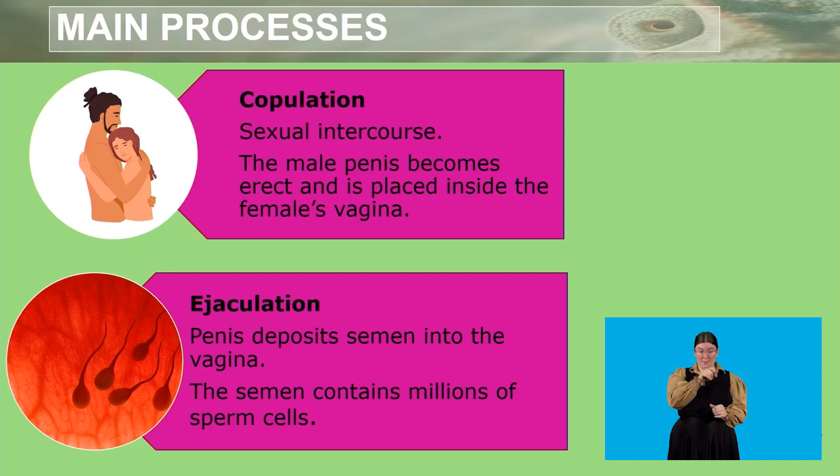So that sperm will then be ejaculated, as shown in the second process, or we can say the second process is known as ejaculation. So the semen containing sperm is ejaculated into the vagina or is deposited into the vagina. The semen contains millions of sperm cells.